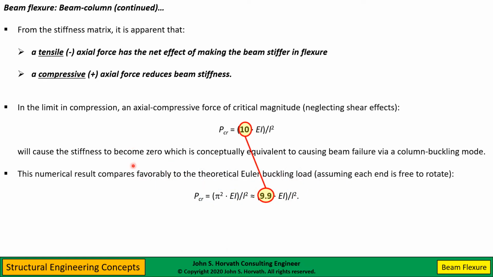And we see that numerically this compares favorably to the Euler buckling load, assuming we had a column with both ends allowed to rotate, and the agreement between these terms would be better if we included shear effects. This does not include shear effects.